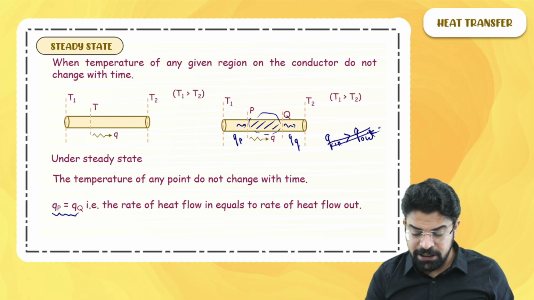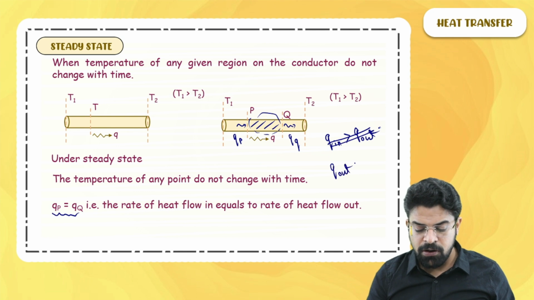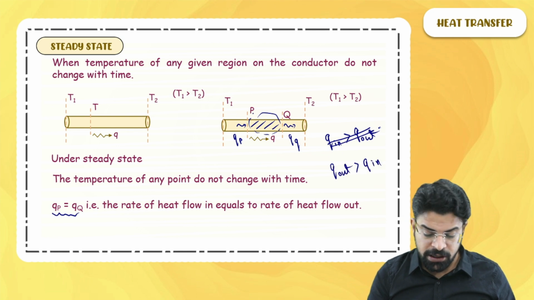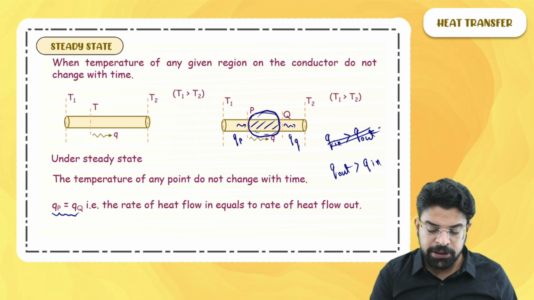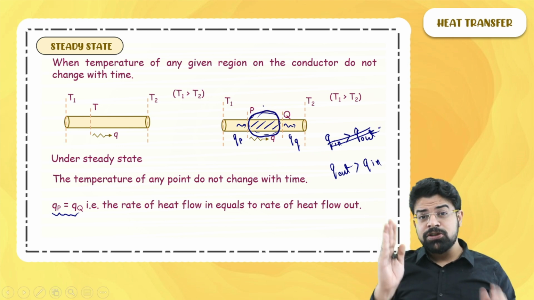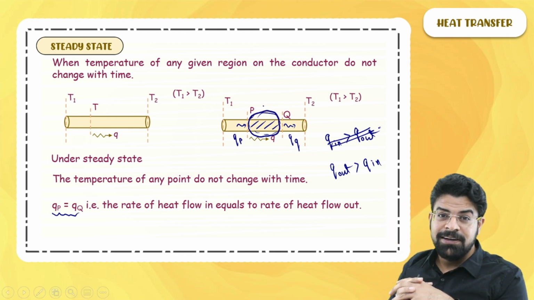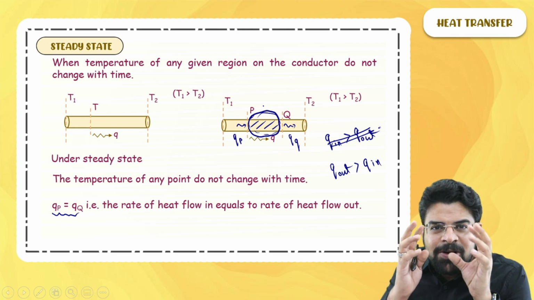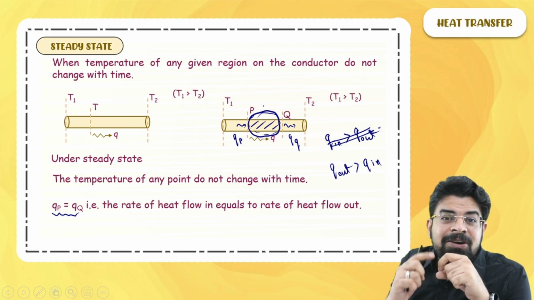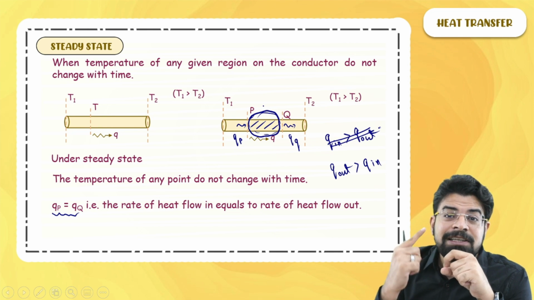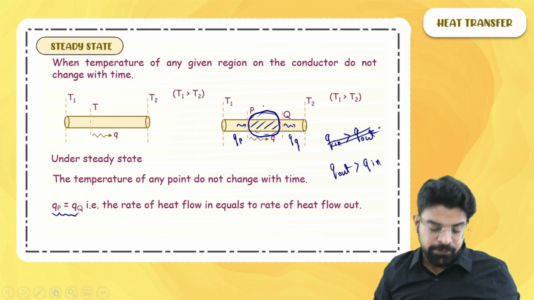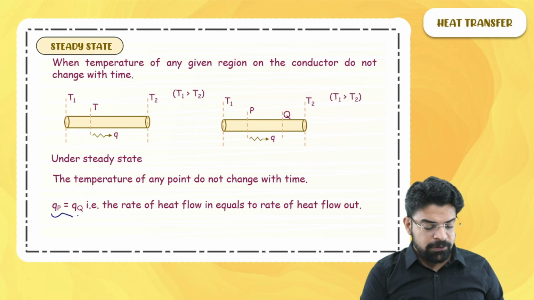Similarly, if somebody argues that the rate of heat flow out should be greater than the rate of heat flow in, then if you look at this part only, it will be losing energy, and if it loses energy, its temperature will keep on decreasing. So QP has to be equal to QQ.